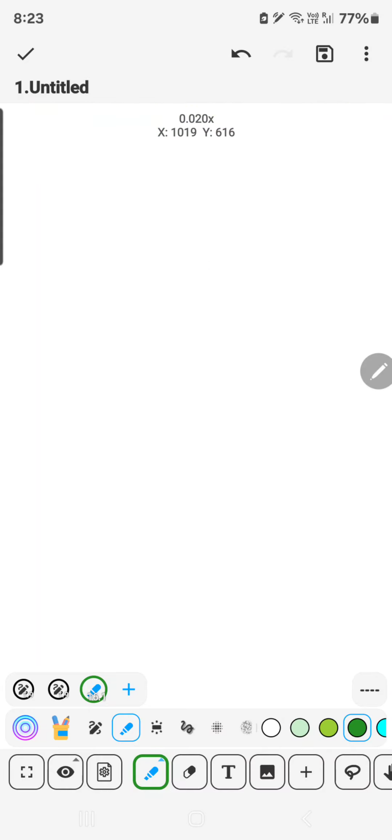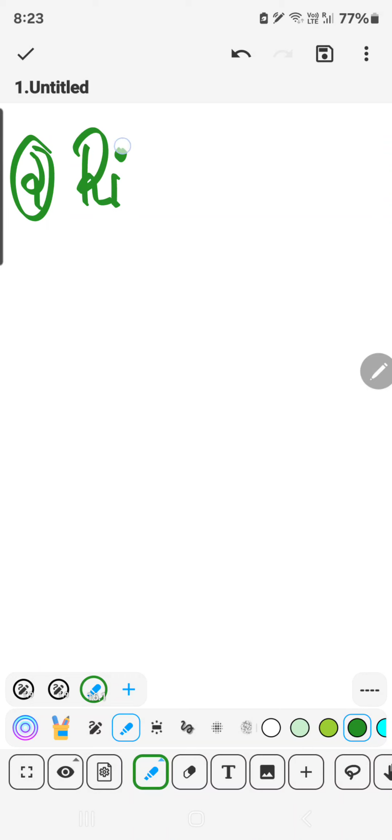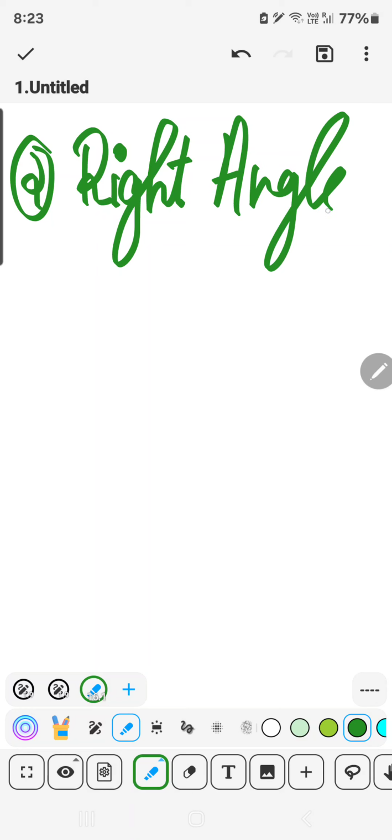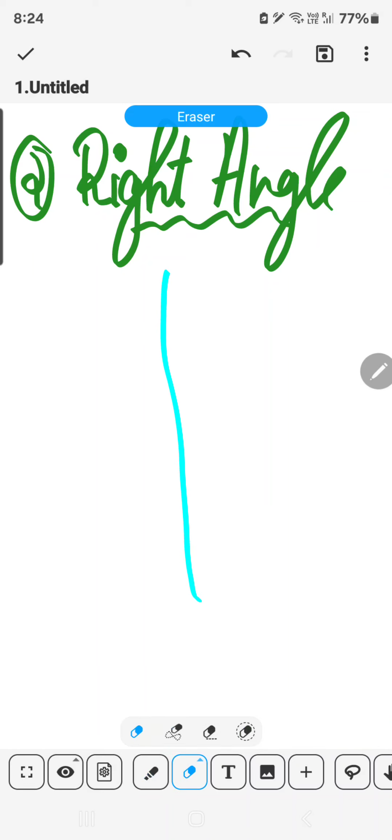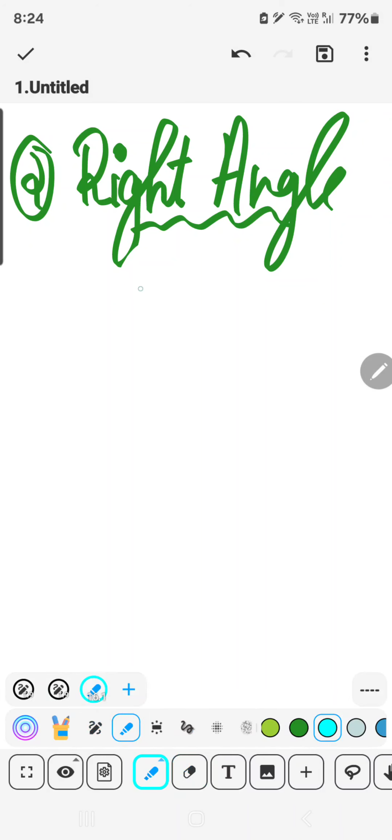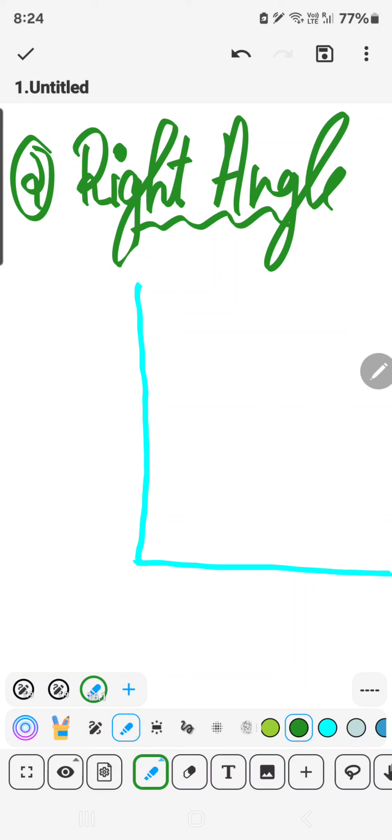Moving to the second type of angle, that is right angle. Right angle, you all must have heard. What is a right angle?